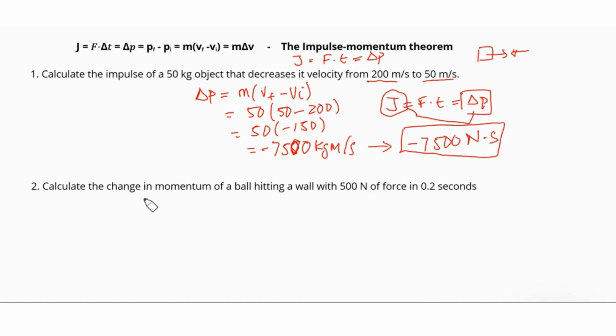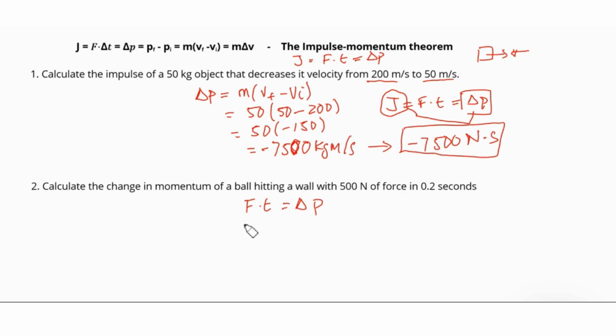Again, you might say, change in momentum, I need kg, I need meters per second. I don't have either of them. No worries. Just remember that the impulse is equal to the change in momentum, always.